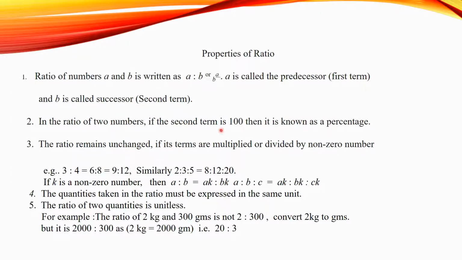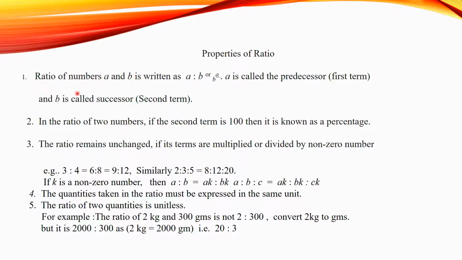Now let us see what are the properties of ratio. The ratio of numbers a and b is written as a is to b or a upon b, where a is called the predecessor or first term and b is called the successor or second term.